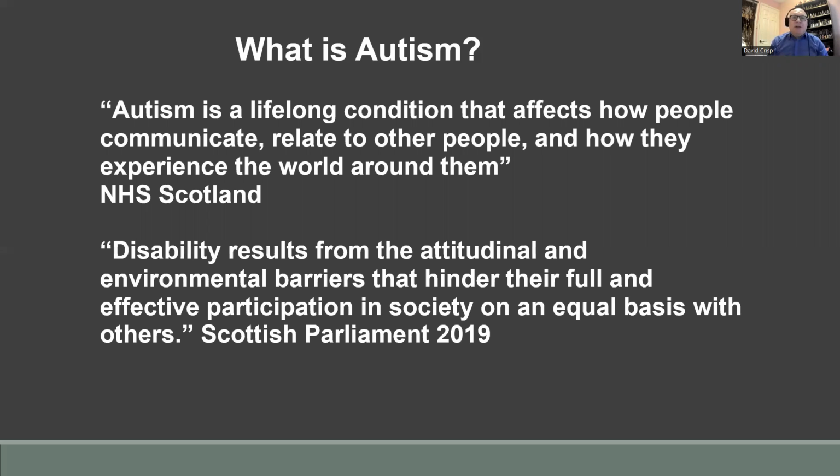So disability, therefore, in those people particularly, results from the attitudinal and environmental barriers that hinder their full and effective participation in society on an equal basis with others. This is where I differ between myself and some autistic individuals. Some autistic individuals do not like to consider themselves as having a disability, despite the fact they have autism.